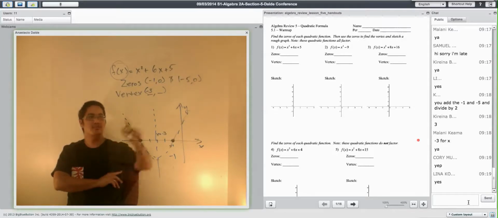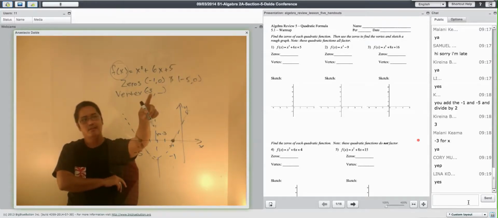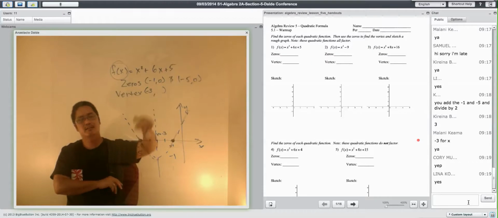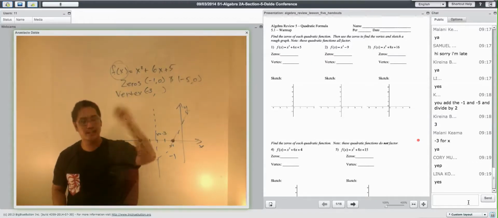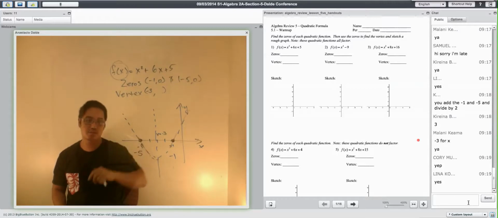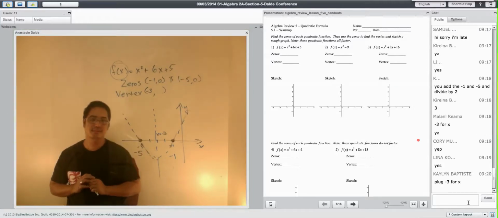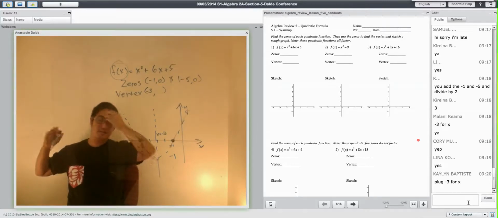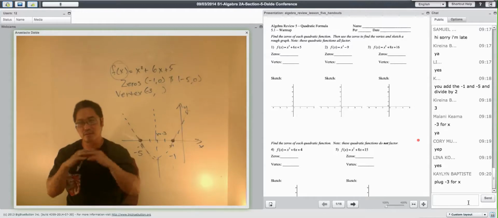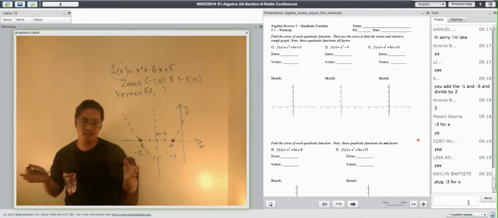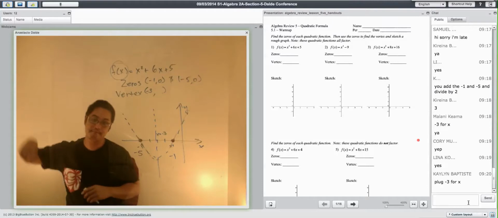Awesome, awesome. So we figured out how to get -3. Can you figure out a way to get the y value? What is the second number? Because the vertex has 2 numbers. There we go, Kaylin. I was just going to ask, is there some place where, if we plug in an x value, it would tell us what the y value is?